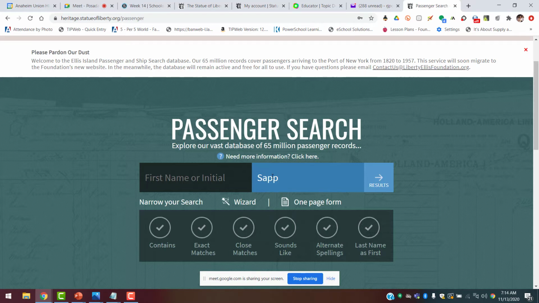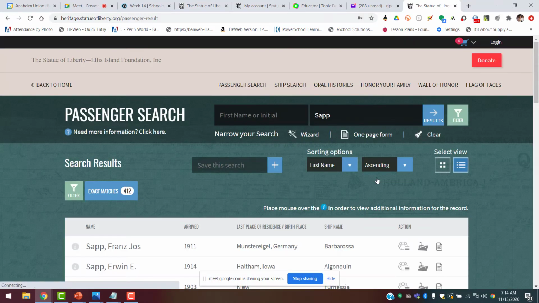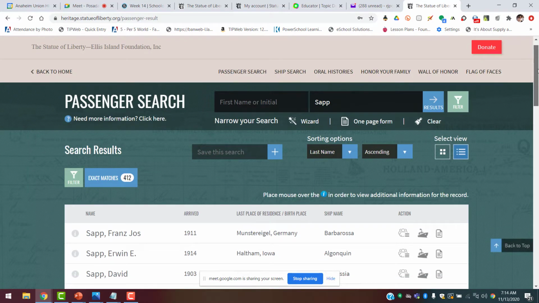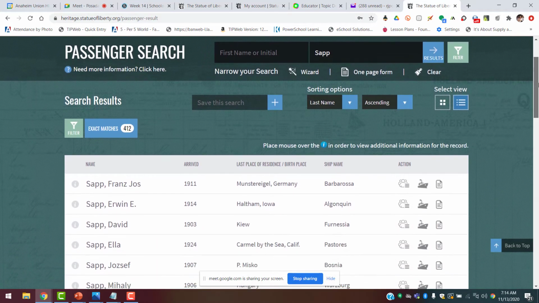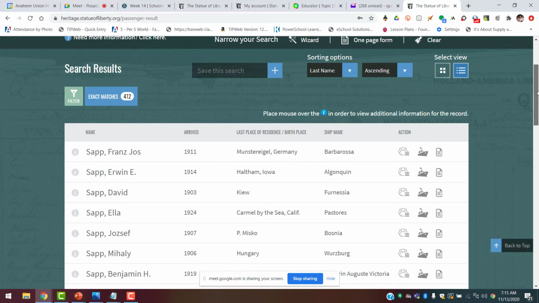And when the family originally came through Ellis Island, it was too long for them, so they decided to shorten it to just Sapp. So if I actually put in the last name Sapp, and you can put in Garcia, Rodriguez, Cortez, whatever name you would like, you will then be able to find a plethora of information related to your last name. Now I have 412 matches for that last name.